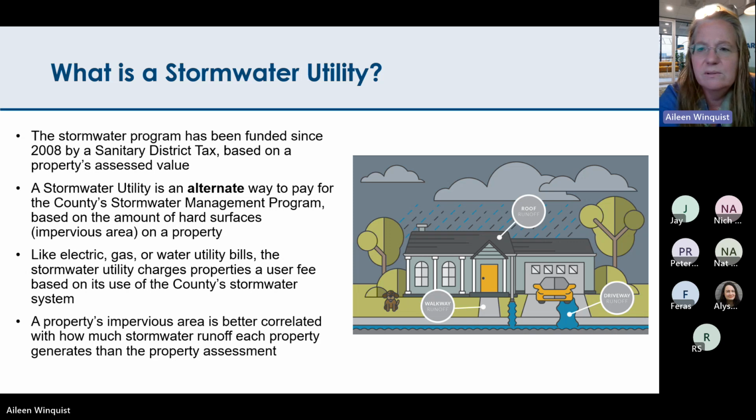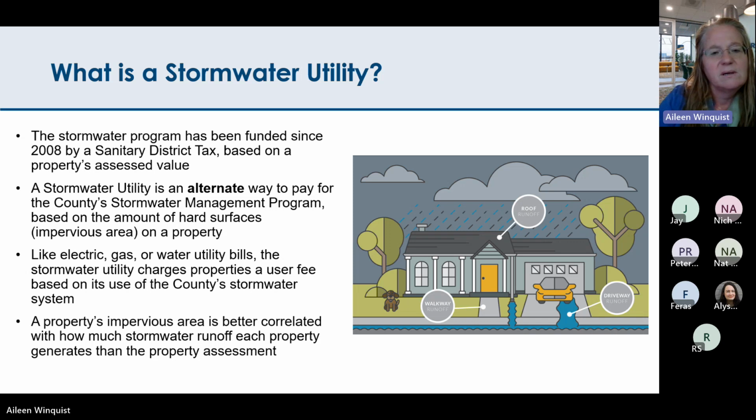Similar to your other utility bills like electric and water and gas bills, it charges properties a user fee based on the use of the county system, and the impervious area in the property is a measure of that impact of your property on the stormwater system. Obviously, we don't have a direct stormwater meter like you do for your water meter, but the impervious area is the proxy to measure the amount of runoff from the property.